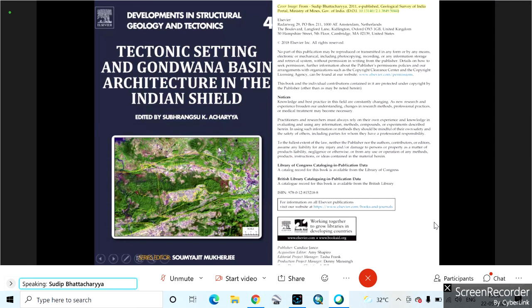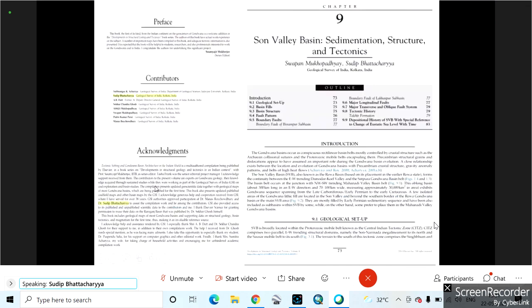The front page is from one of my papers. It is the Tatapani-Ramkola coalfield. I have marked the lineaments over there, the main faults, the subsidiary faults, everything. And Son Valley Basin Sedimentation Tectonics Unit, so the paper is there in that book. We can take it from there.